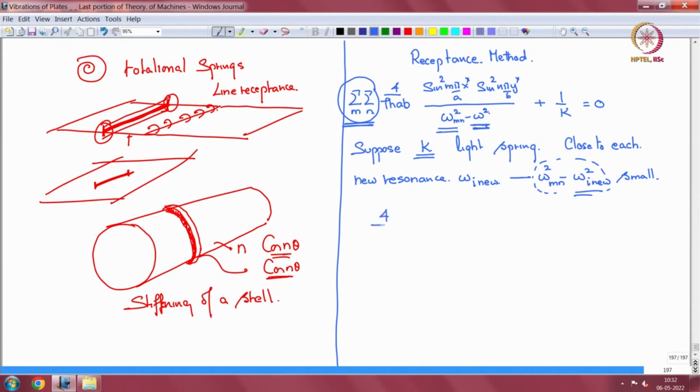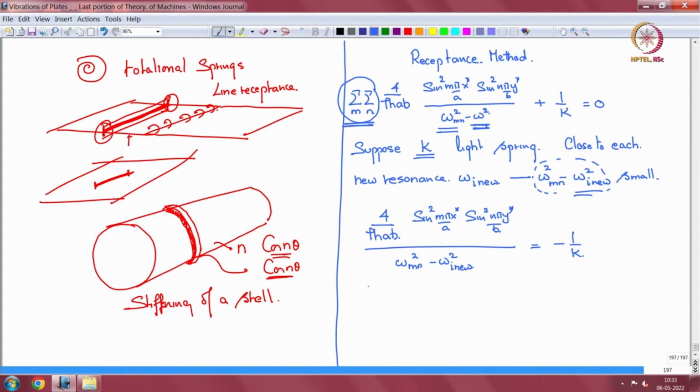So we will have 4 by rho h a b, sine square m pi x star by a, sine square n pi y star by b, by omega mn square minus omega square is equal to minus 1 by k, and this is I nu.